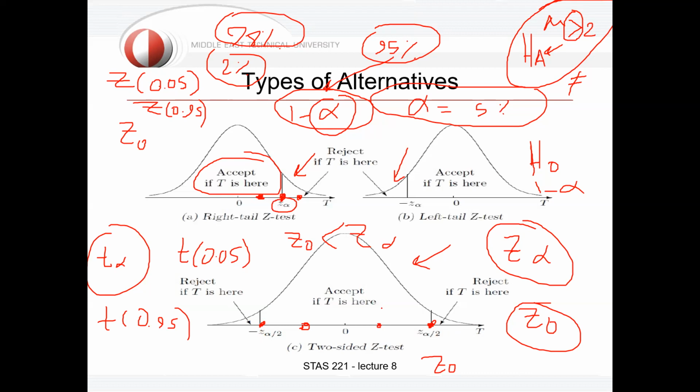So if Z0 happens to be between them, for example, Z0 between minus Z alpha over 2 and less than Z alpha over 2, then in this case, you can accept it.